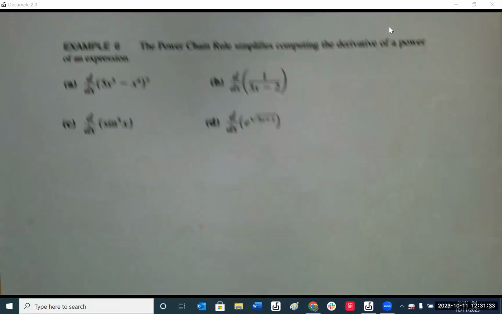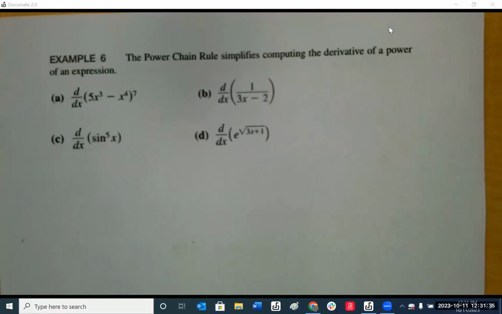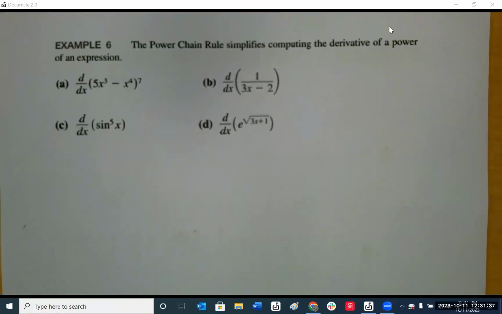Ready? More? Let's do some more. The power chain rule. So let's do all of these.